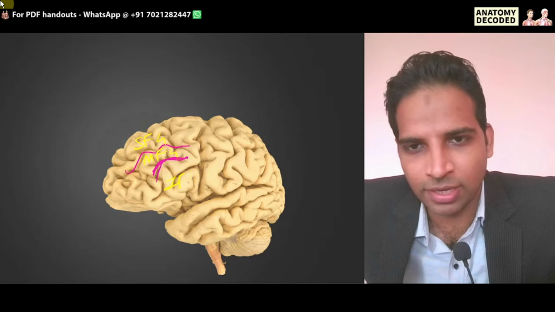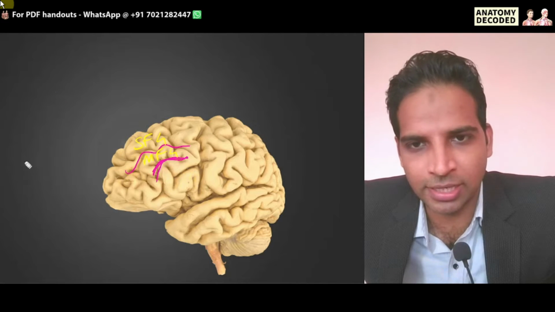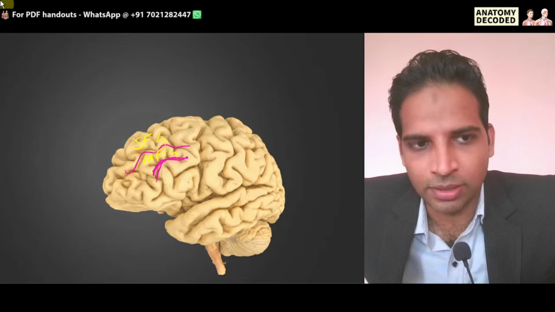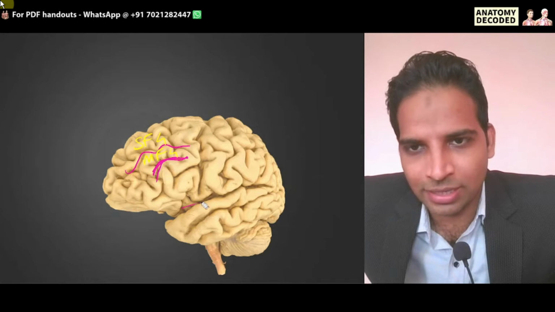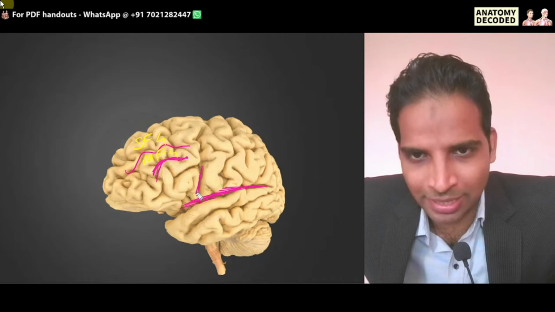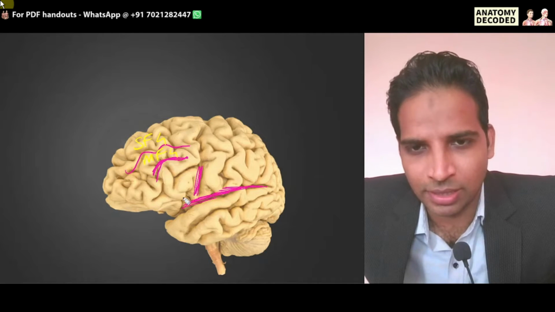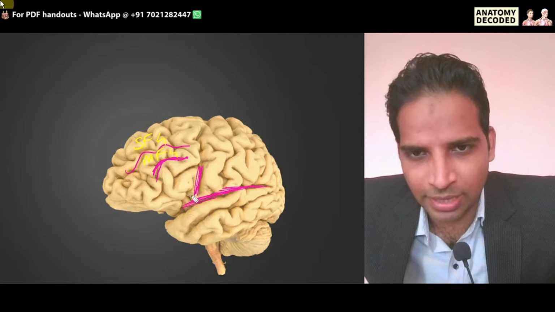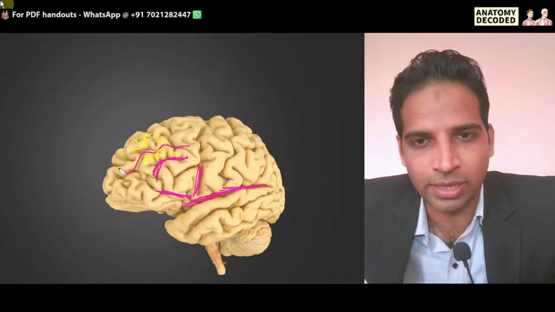In the inferior frontal gyrus there are subdivisions. The lateral sulcus, we know, has a posterior ramus, an ascending ramus, and an anterior horizontal ramus. There are areas in relation to it.